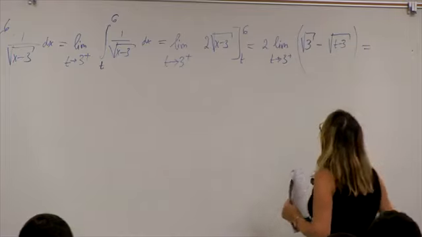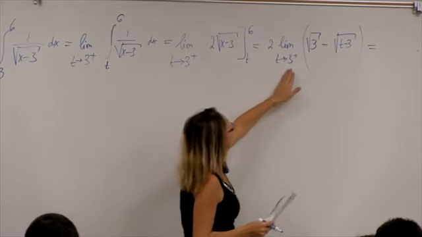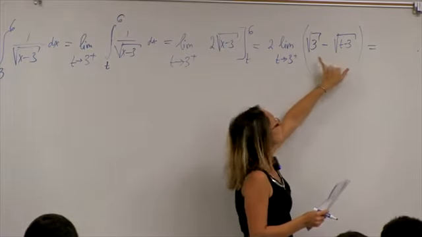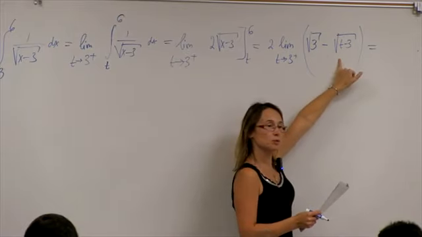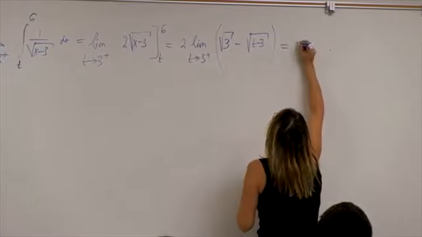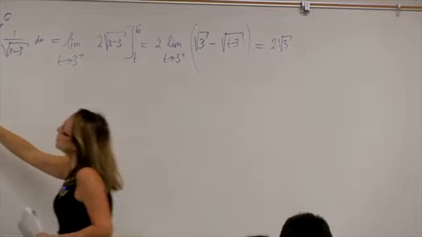So what's the limit? t goes to 3. This is a constant. What's the limit of this expression? 0. So the answer is 2 square root of 3. Let's draw a picture here, actually.